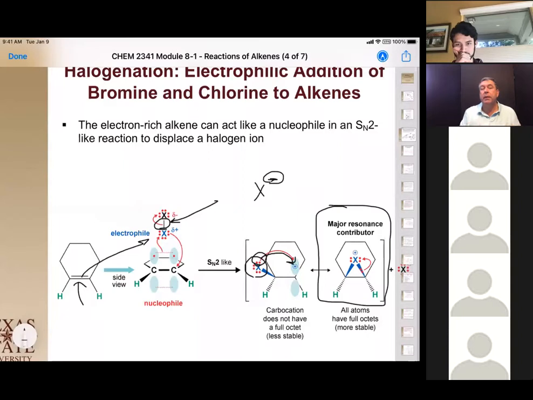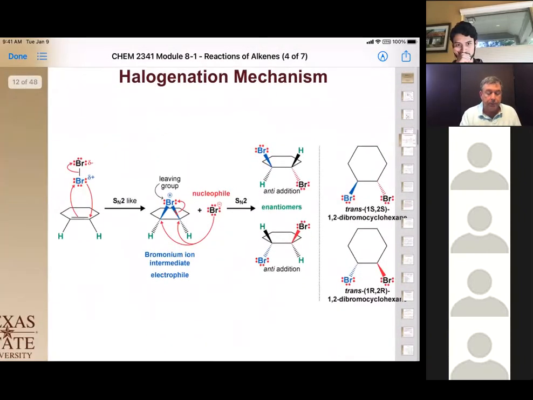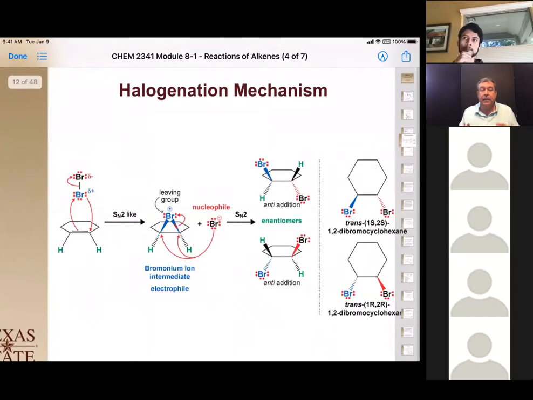This three-membered ring is what controls reaction selectivity, okay? The formation of this three-membered ring controls where the other nucleophile has to come in and attack it, okay? So the full mechanism is our alkene reaches out, grabs, polarizes the bromine, makes it partially positive, and generates this bromonium ion intermediate here with the three-membered ring.